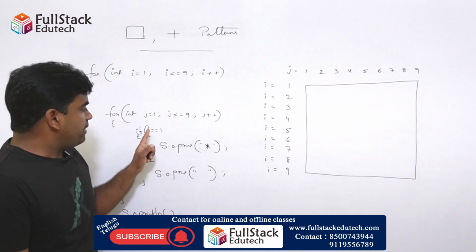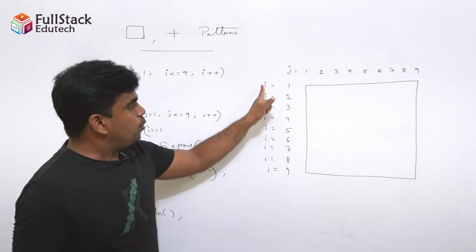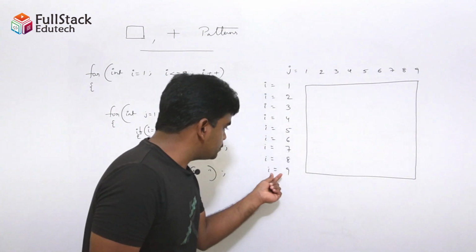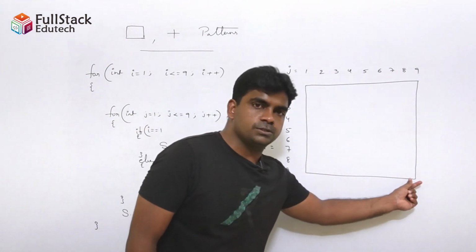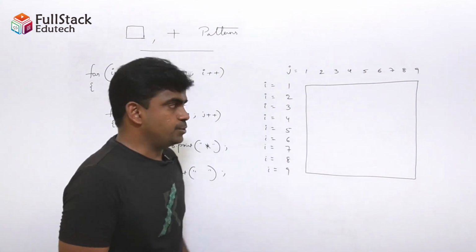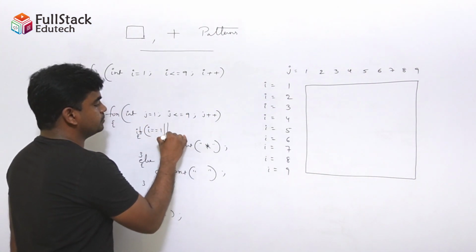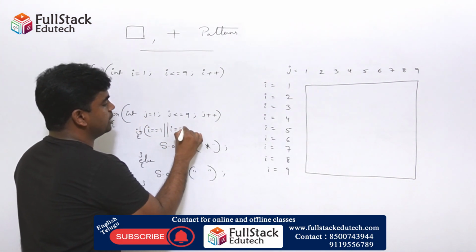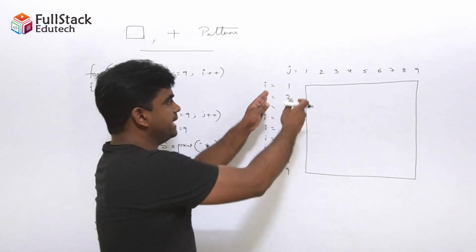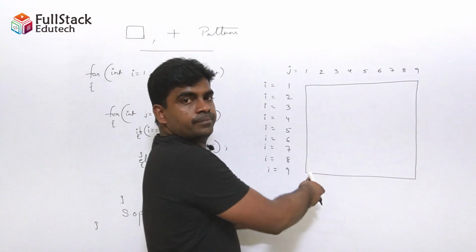Remember, if i equals 1, what does it mean? Only if it is the first row it will display. No sir, I just want to display in the last row also. Either first row or last row. So, or i equals 9. This is representing the last row. Next one is the first column.